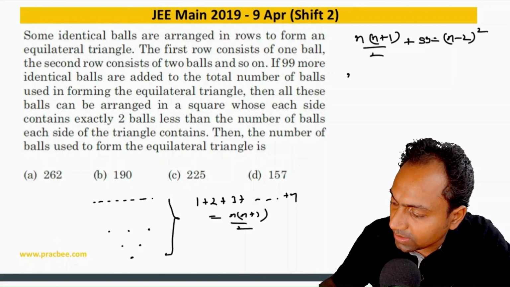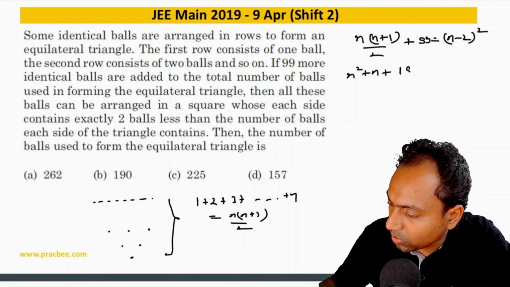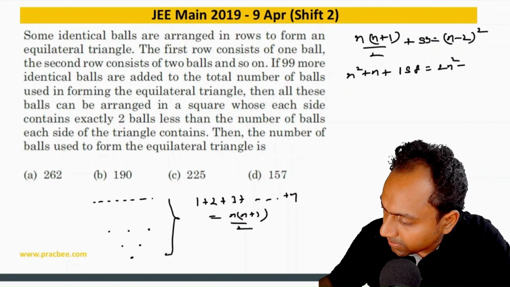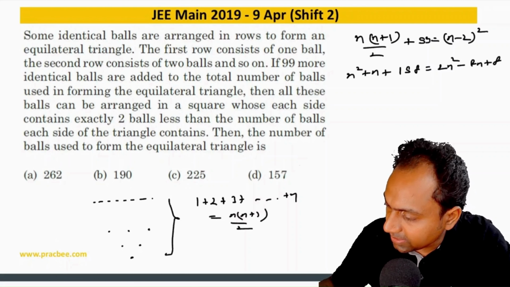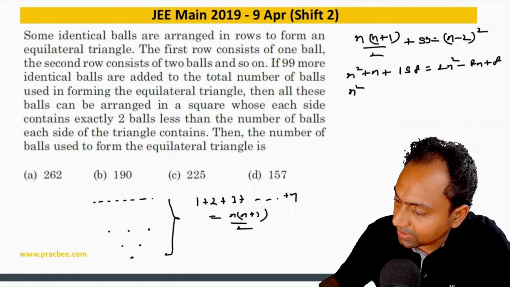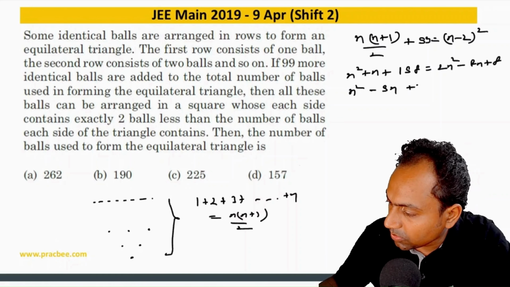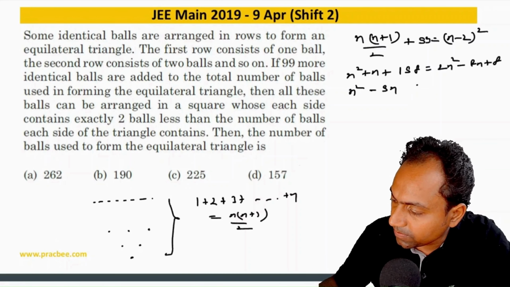If I do this, I get an equation, and if I solve, n square plus n plus 198 would be equal to 2n square minus 8n plus 8. So the equation that we are getting is n square minus 9n minus 190 equal to 0.